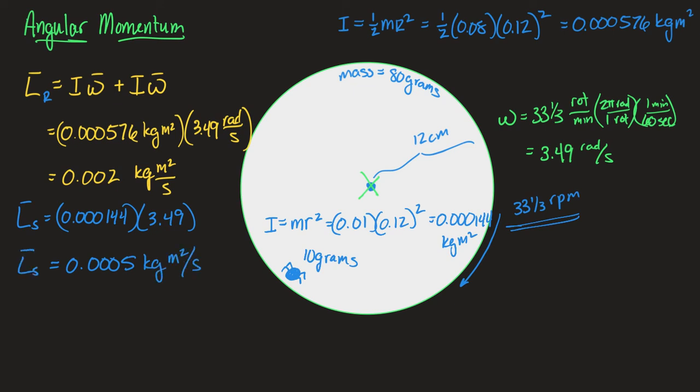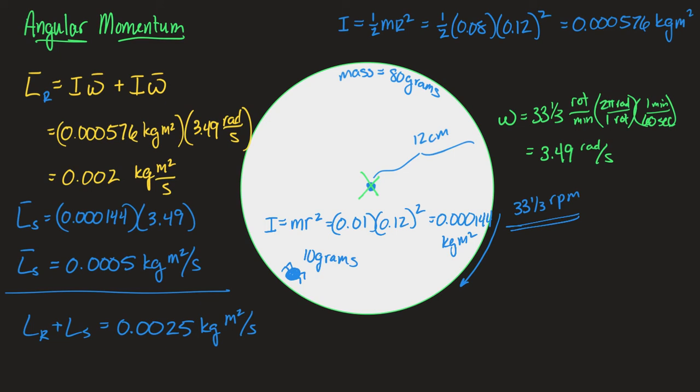All right, so we found the angular momentum of the record, the angular momentum of the spider, so we can get the angular momentum of both the record and the spider. And all we've got to do is add these two together because they are spinning in the same direction, they're part of the same system. So 0.0025 kilograms meters squared per second.